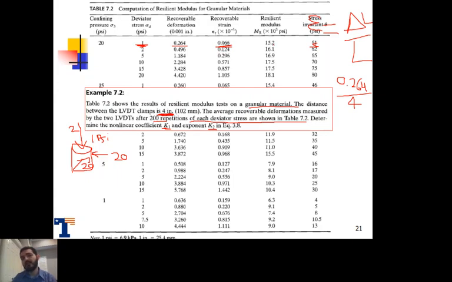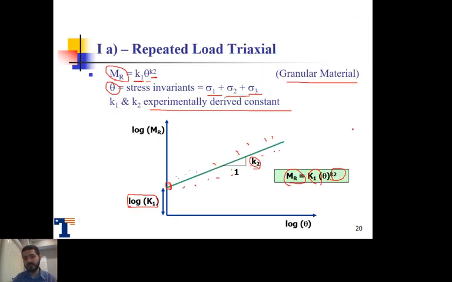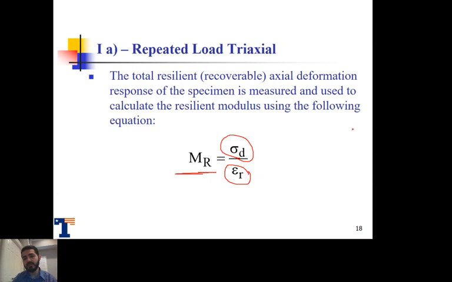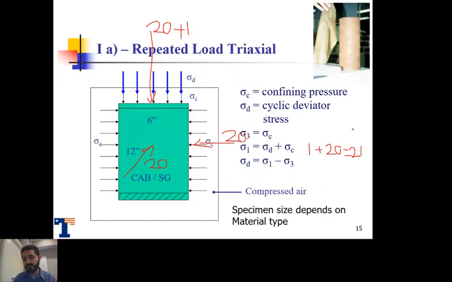Then the resilient modulus. How can we get the resilient modulus for this very first line? If you recall, go back to here. Resilient modulus is sigma d over epsilon r. How can we define the deviatoric stress? It's right here.